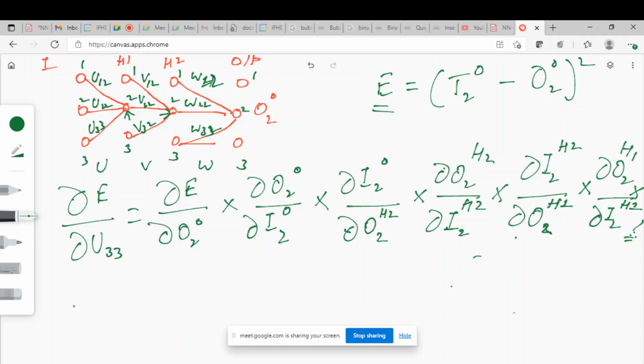What is dou E by dou U12? Tell the equation. O to O. Okay.